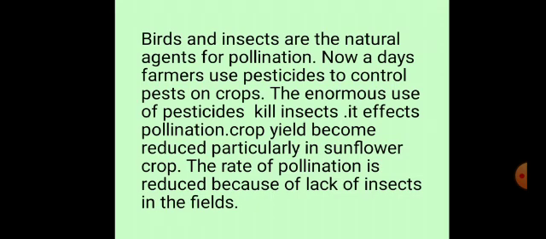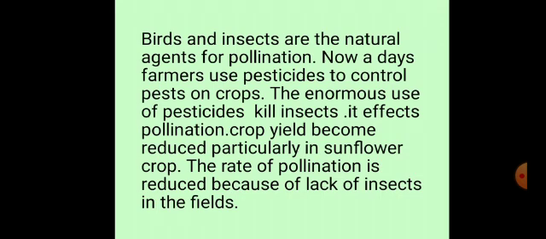When the insects are killed, the pollination process is affected, crop production is reduced, and farmers do not get a proper yield. It is reduced particularly in the sunflower crop. The rate of pollination is reduced because of the lack of insects in the fields.